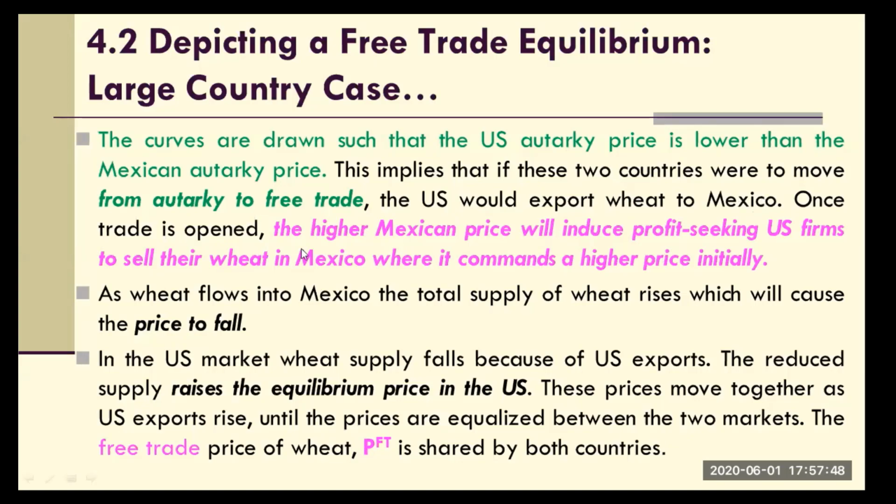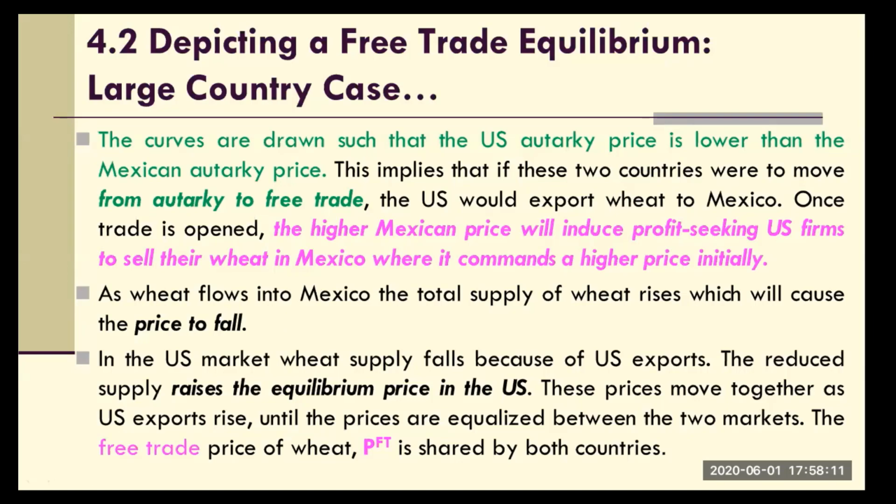Once trade is opened, the higher Mexican price will induce profit-seeking US firms to sell their wheat in Mexico, where they command a higher price initially. As wheat flows to Mexico, the total supply of wheat rises, which causes the price to fall.